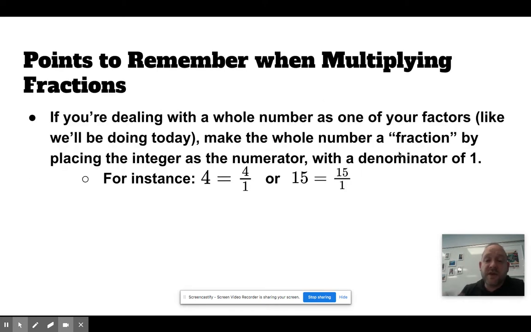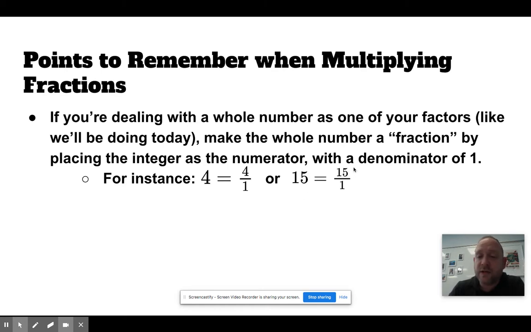All right, so here are the things to remember when we're going to multiply with fractions. If we're dealing with a whole number as one of your factors, like we'll be doing today, make the whole number a fraction by placing the integer or the whole number as the numerator with a denominator of 1. For instance, if you are multiplying by 4, you'd make it into 4 over 1, or 4 whole things.